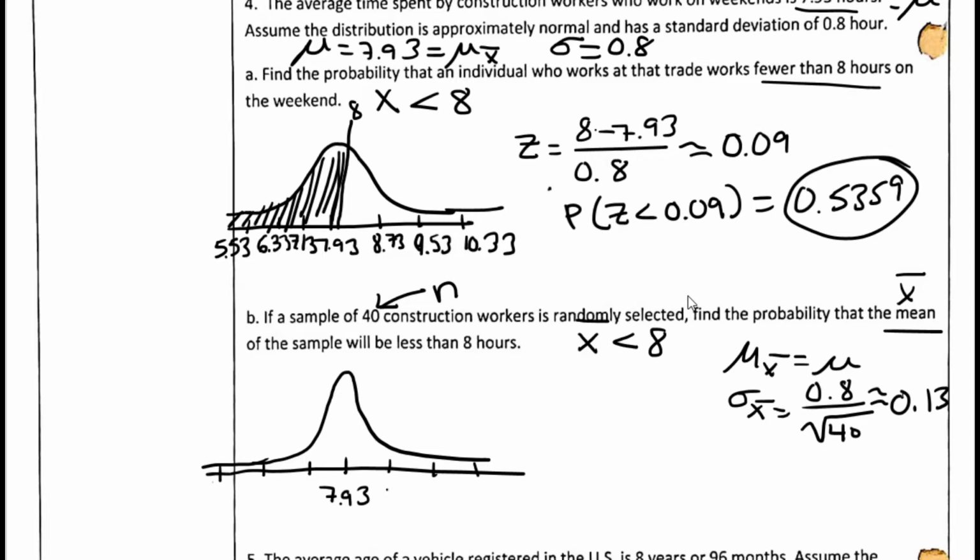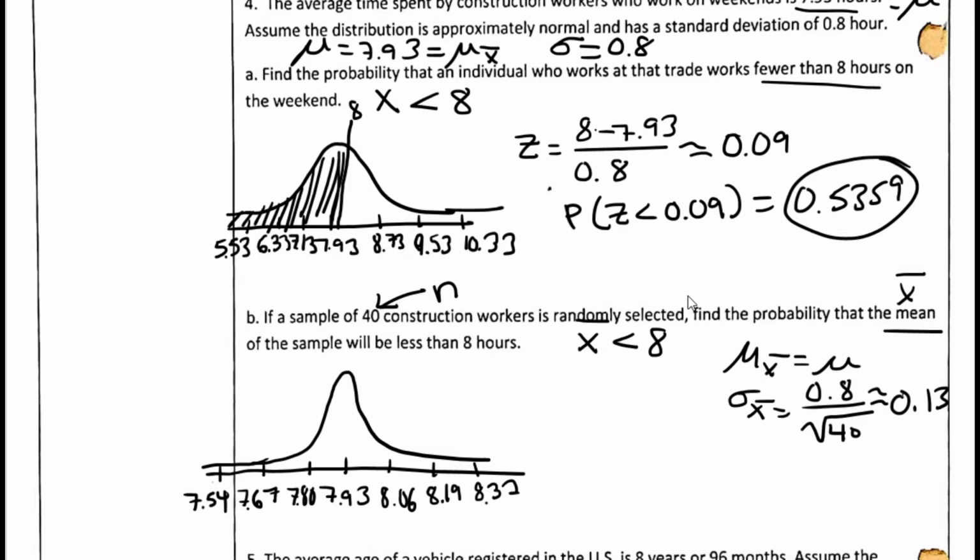So you get 8.06, 8.19, 8.32. Now we're going to take away. So you get 7.80, 7.67, and 7.54. All right.